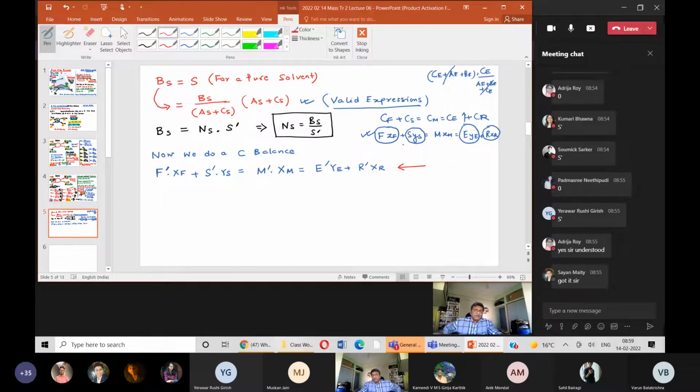Whether you write the C balance on a B-free basis or with everything included, it's essentially the same. Because please do understand, this is again in the expression framework. This is the actual C balance. When we are talking about C balance, it's going to be C in F plus C in S is equal to C in E plus C in R. That is clear to all.